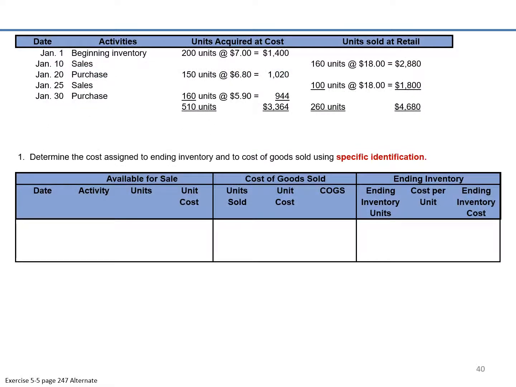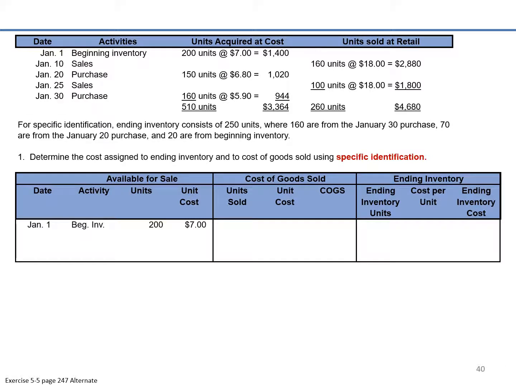All right, so under specific identification, let's pull down our beginning inventory and then our purchases. There's our available for sale column. They tell us that we have 250 units left in ending inventory, and that 160 of them are from January 30th, 70 are from January 20th, and 20 are from beginning inventory.